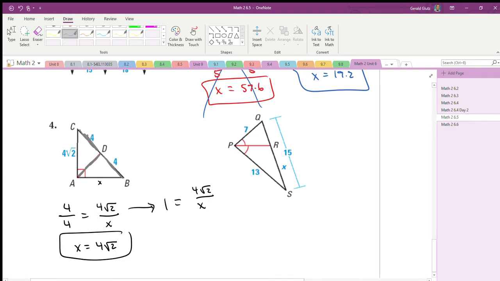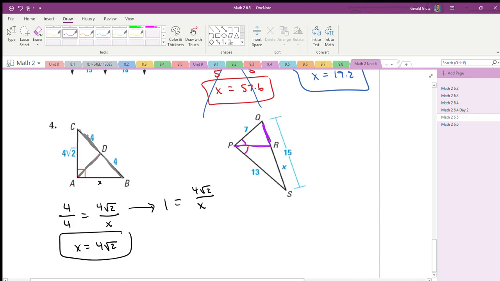And then in our last example, we got an angle bisector here because these two angles are congruent. So anytime we have an angle bisector, we can use that little theorem. So this side, QR, divided by RS, is equal to QP divided by PS. However, I do not know what QR is.